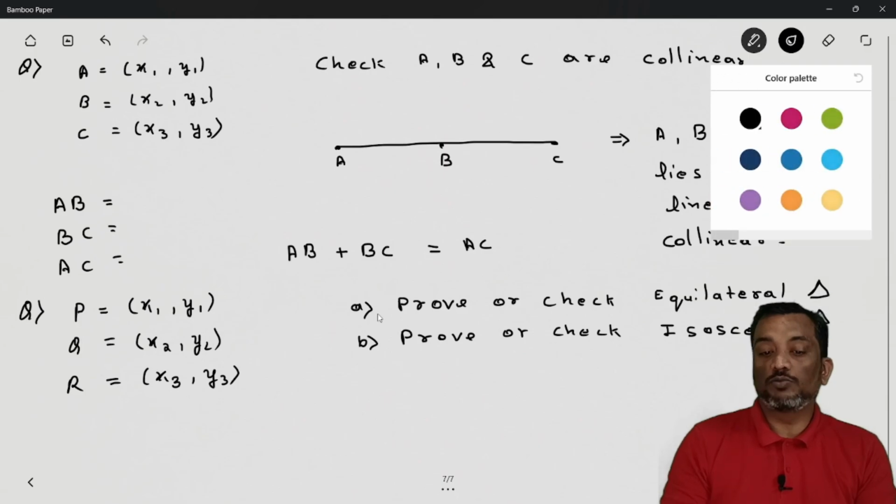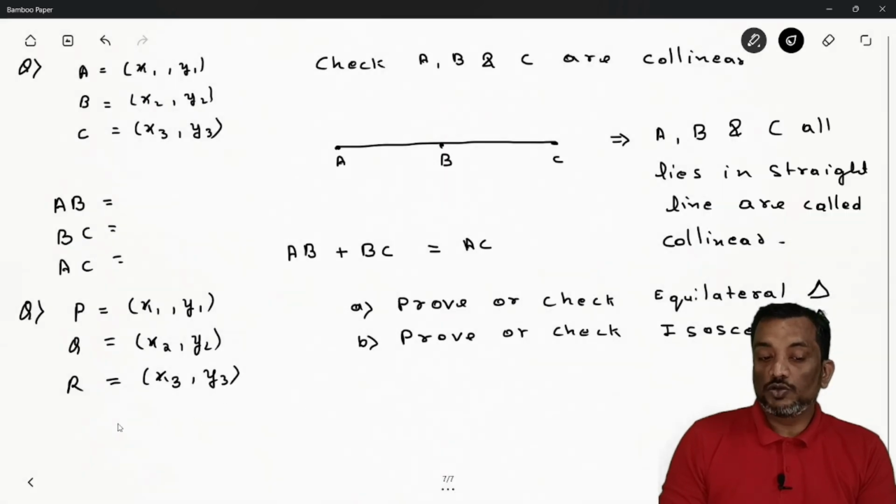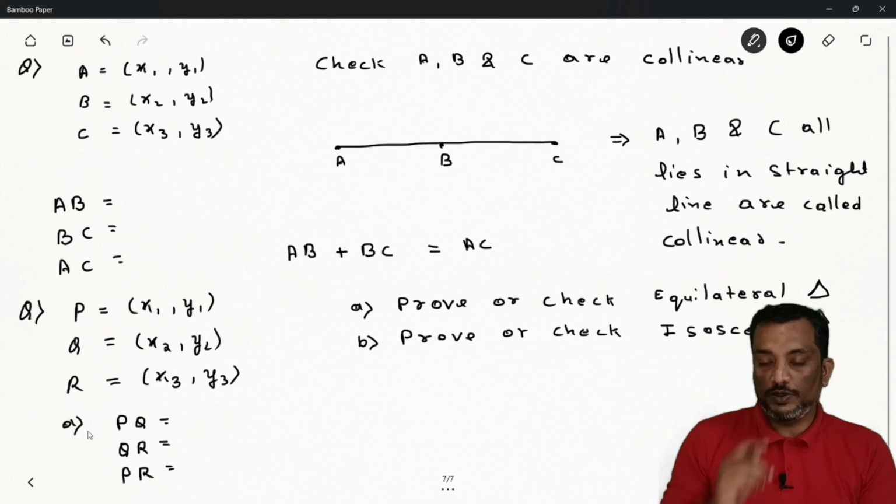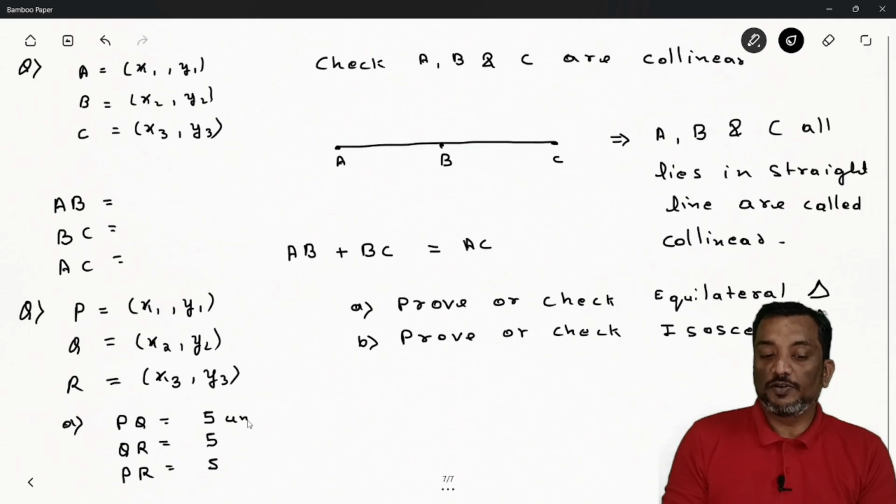If I have to prove an equilateral triangle, we have to find the lengths PQ, QR, and PR using the distance formula. Say all three distances come out as 5 units, just as an example.